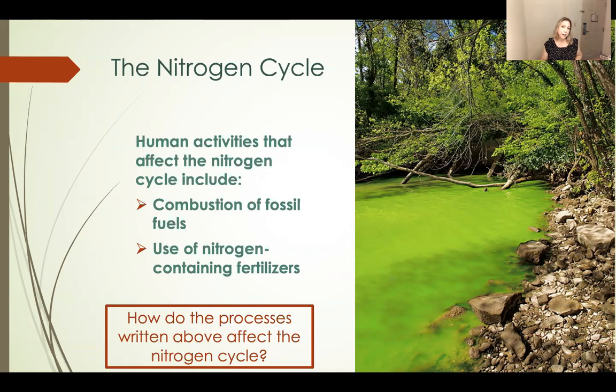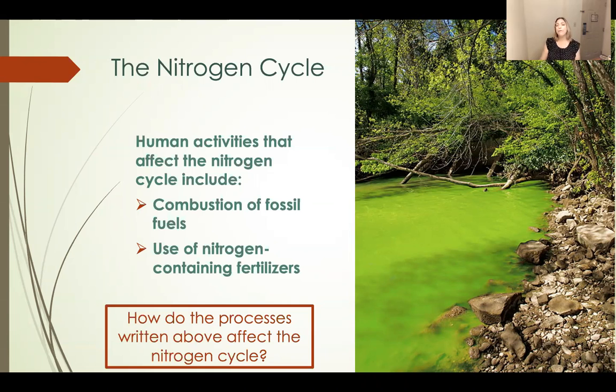Also, remember that I told you nitrogen is limited in the soil. So if you grow crops year after year after year, it takes all of that nitrogen out of the soil. So our fertilizers are made of like ammonia, which remember has nitrogen in it. So our fertilizers contain nitrogen.